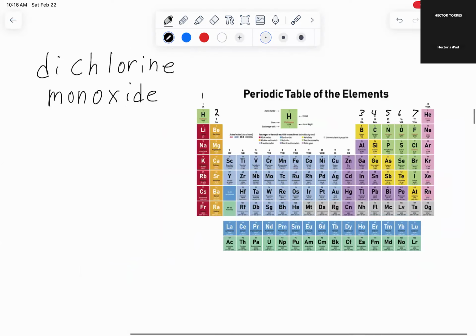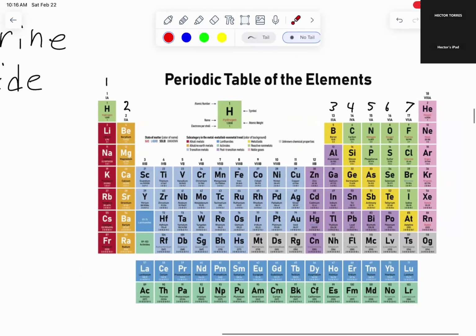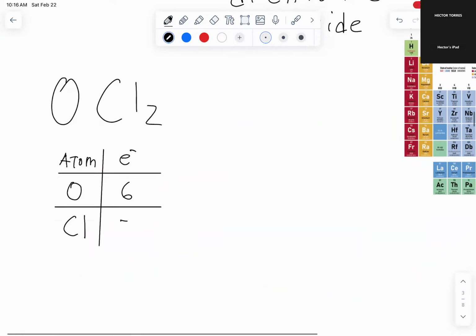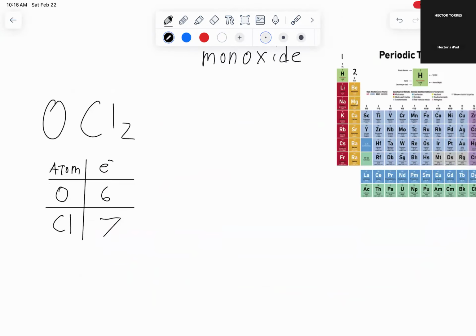And then for Cl, we can tell that it is in the 7th column right here, so it's going to have 7 valence electrons. Okay, great. To find out how many there are, I'm going to do 6 plus 7.